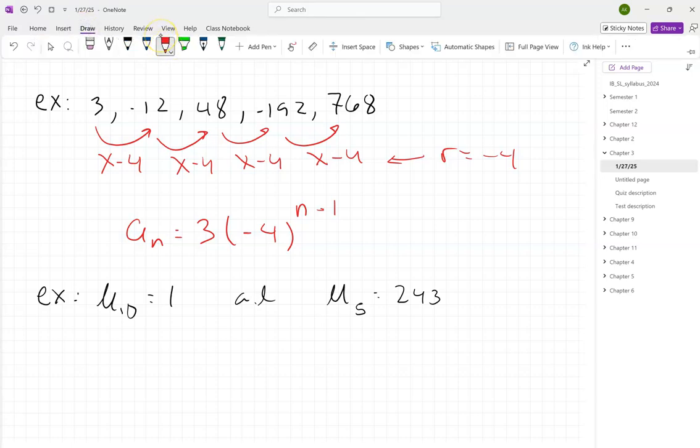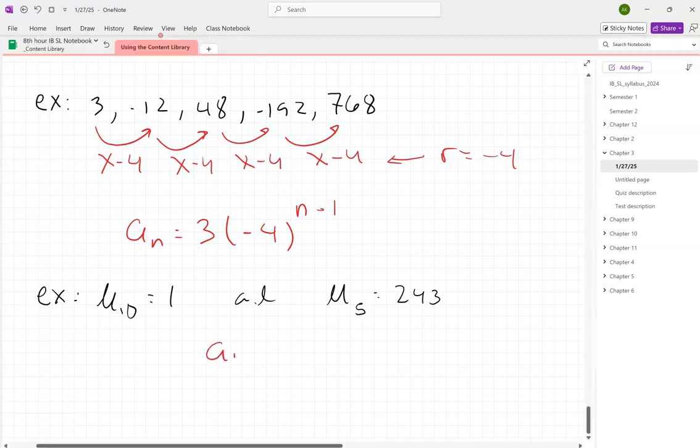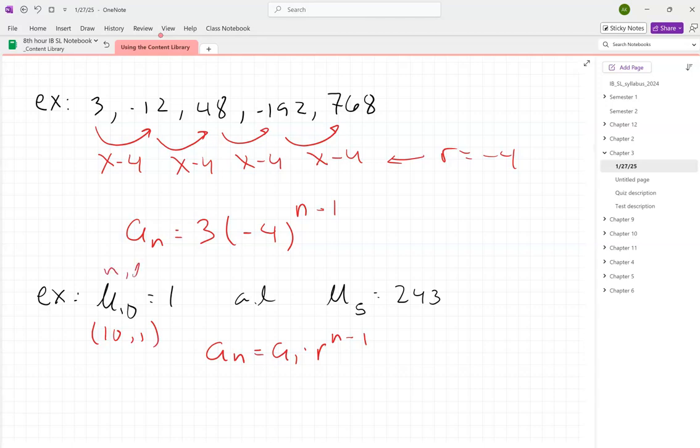All right, so what are we going to do here? Basically, I'm going to set up a system of equations to solve. I'm going to think about each of these as an n comma u sub n and plug them in.